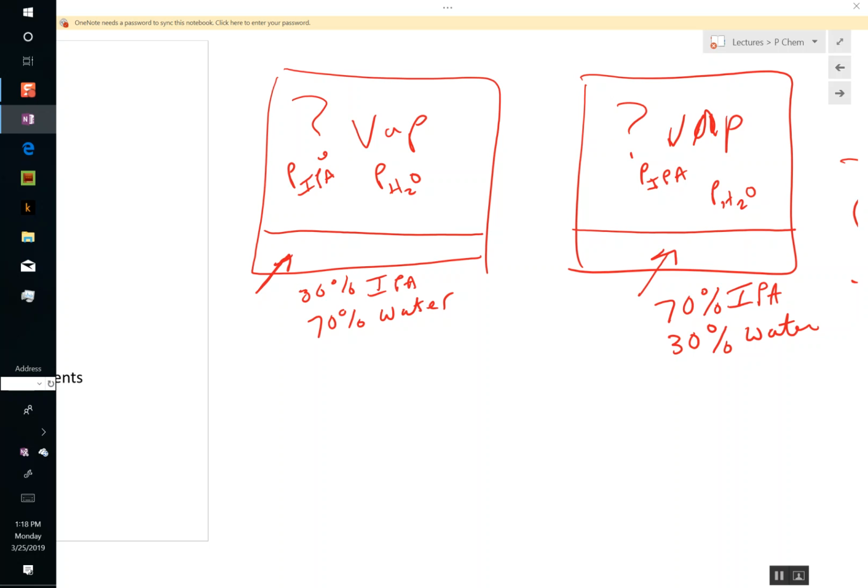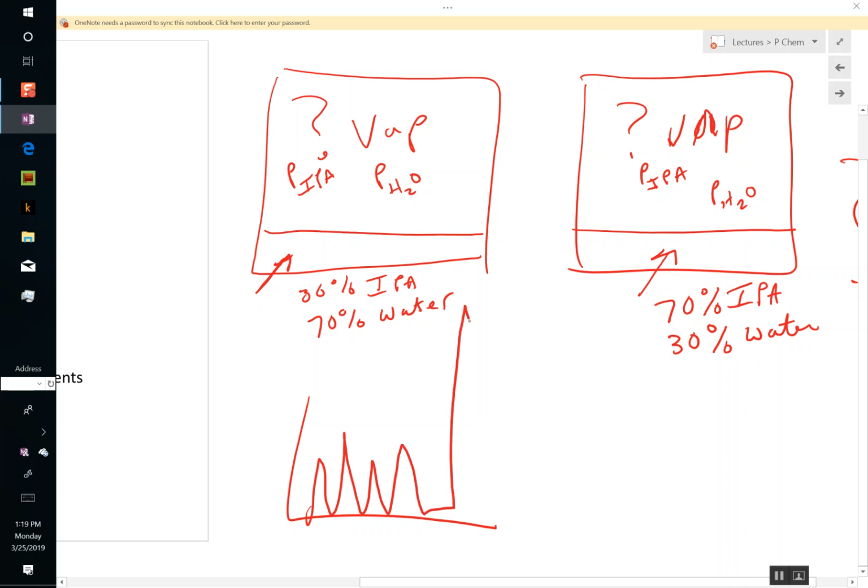You can shoot a sample of gasoline into a GC, and what you will get out of it is a gas chromatograph that kind of looks like this, and it has a peak for every component that's in the gasoline.